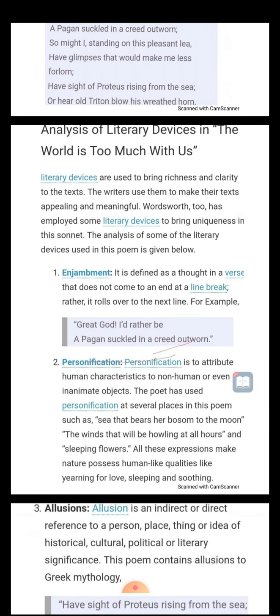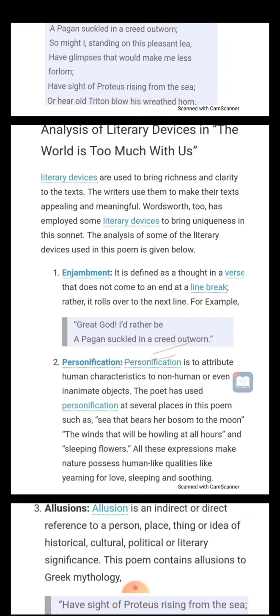First of all, enjambment. It is defined as a thought in a verse that does not come to an end at a line break. It means when a line ends, the thought continues.